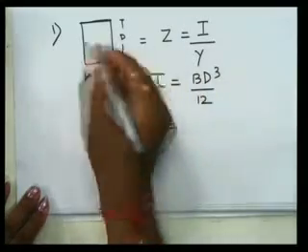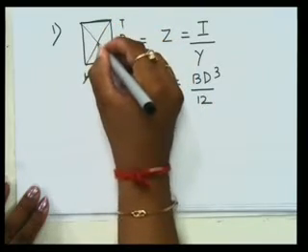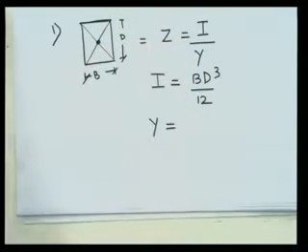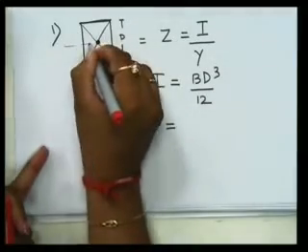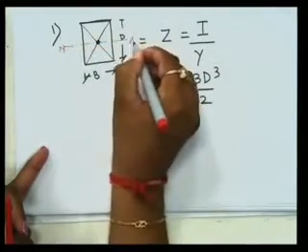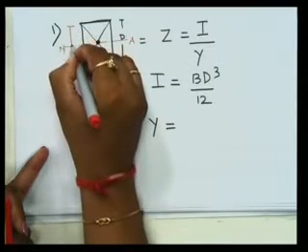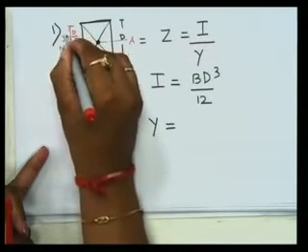To locate the neutral axis, we have to find out the CG, and we know CG is located by the intersection of diagonals. So the neutral axis will pass through this particular CG. This is nothing but d by 2, and that is y.